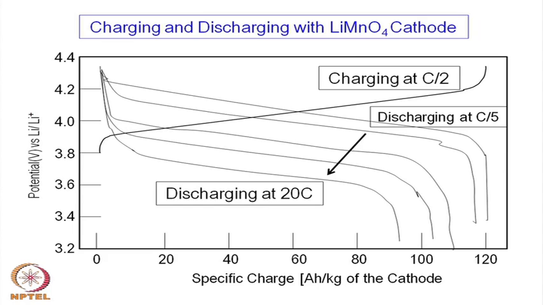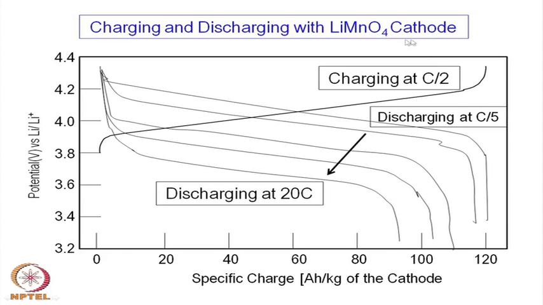Although the voltage will obviously drop, because the discharge rate increases, even then you can get a fairly high specific charge.